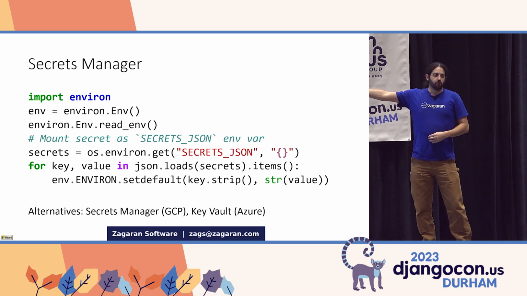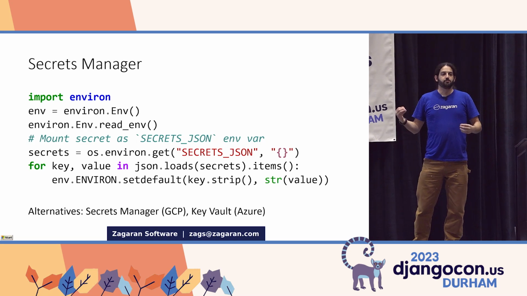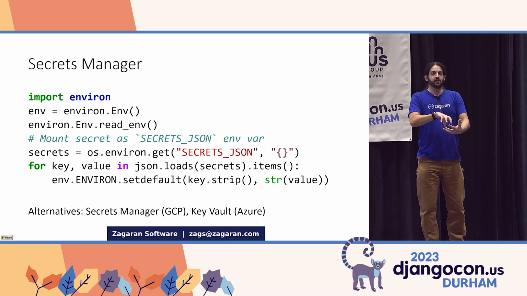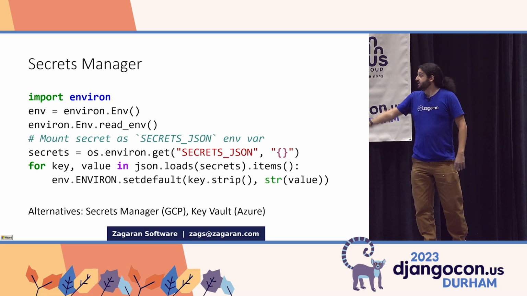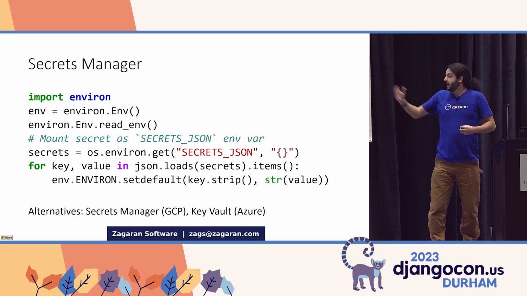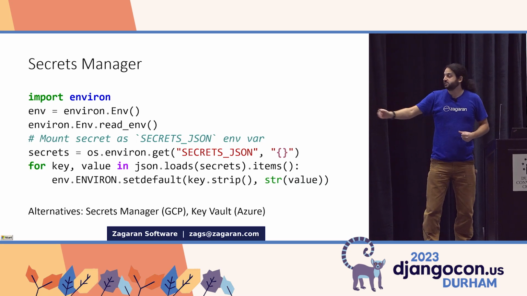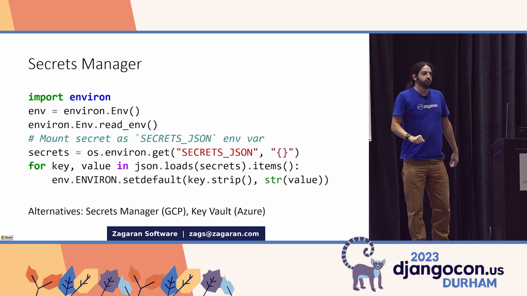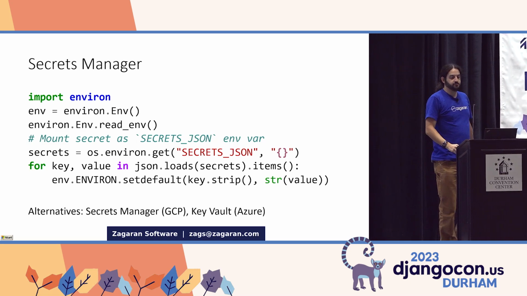And with all of these technologies, with not that much work, you can plug an Amazon Secrets Manager secret into a running copy of your application as an environment variable. It takes about 3 lines with Django Environ to read that in as environment variables that you can then reference in your settings. And even if you can't do that mounting, just replace that os.environ.get with a Boto call to Amazon Secrets Manager.